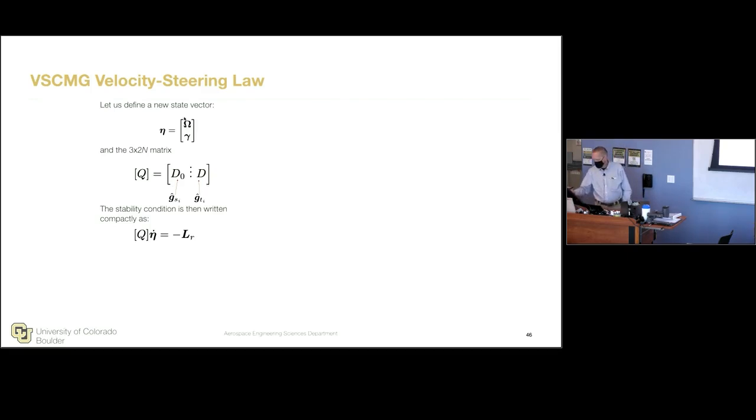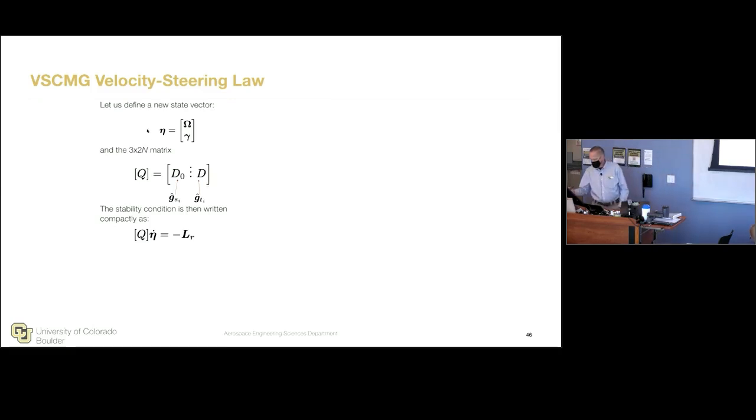And the wheel speed torques that we produce were always about the spin axis, the classic thing. You're spinning here, you're torquing about this axis, you get the opposite torque onto the body, right? So the first n columns here are the spin axes of all the n VSCMGs, and the next n are all the transverse. Both spin and transverse all vary with time. So every time step, this is a new matrix, right?